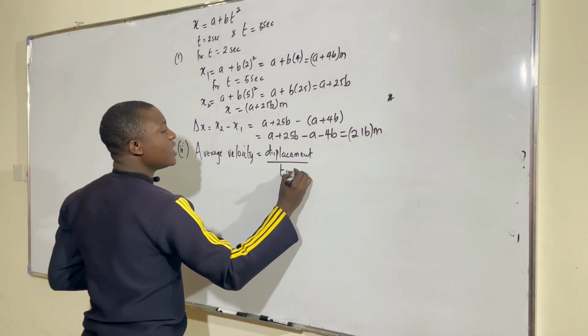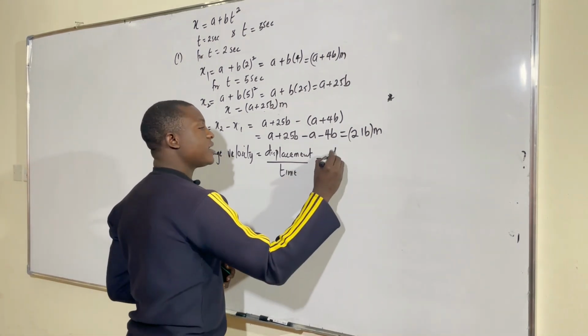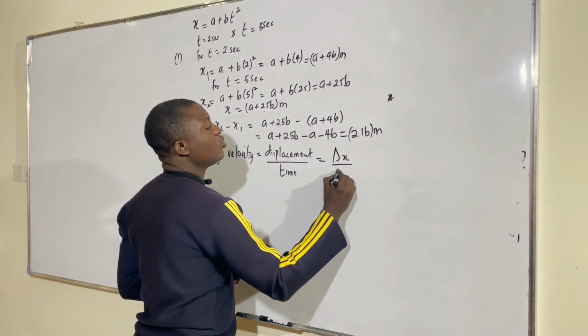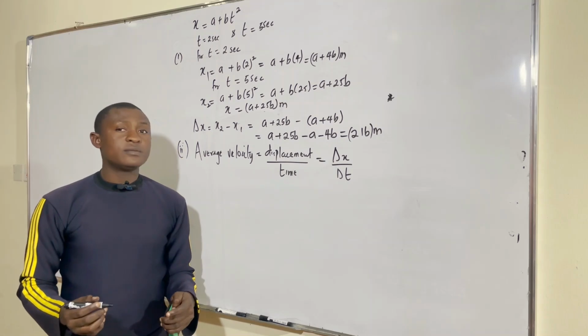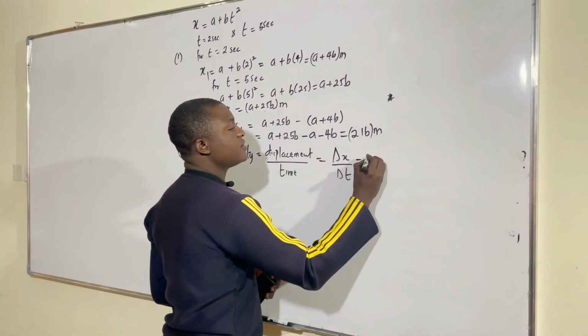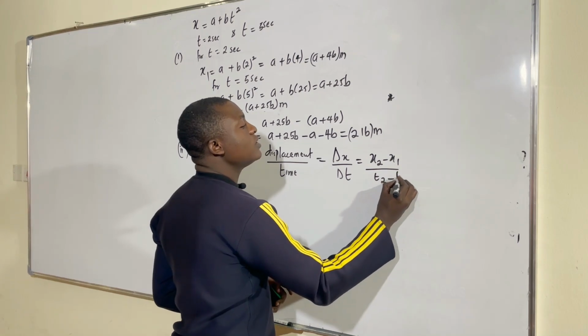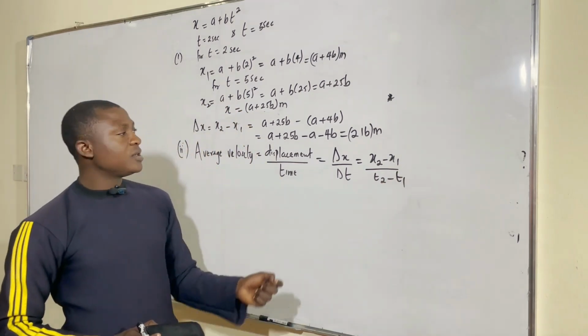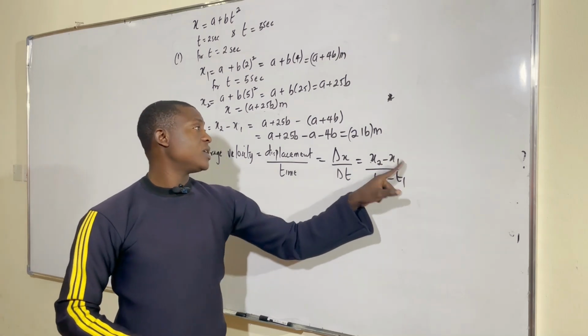Since this one is in the form of a distance, I can have this to be change in x over change in t, because we are given two times and two distances. So this is nothing but x2 minus x1 over t2 minus t1. Luckily for us, you don't need to find this again because we have gotten it already. That's change in x, x2 minus x1.